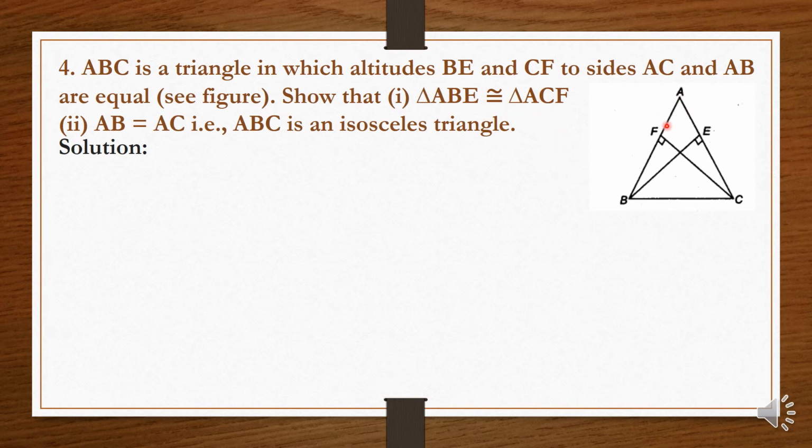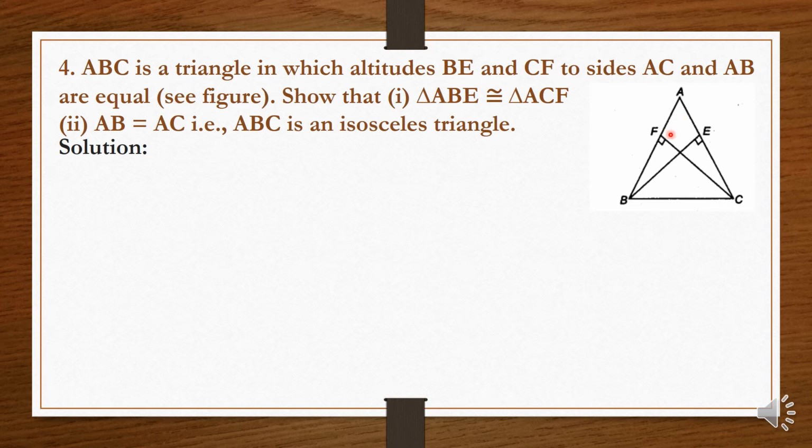So this is triangle ABE and this is triangle ACF. We have to prove this triangle is congruent to this. From the figure we can see that angle A is common to both the triangles. If we focus on this triangle, we have 90 degrees at angle E. And if we focus on triangle ACF, we can see right over here angle AFC is 90 degrees.